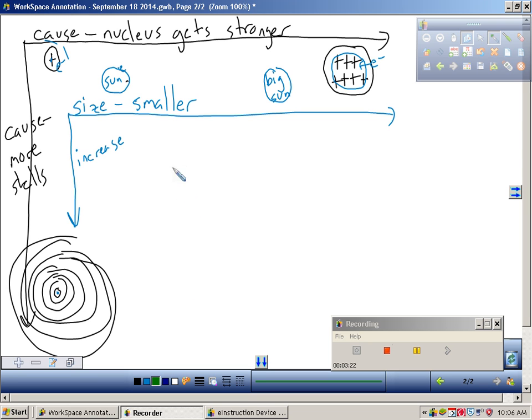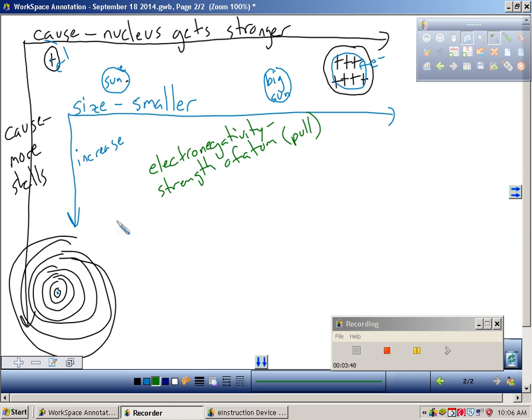Alright, and the second trend we need to know is called electronegativity. And essentially what this is, is the strength of an atom, or the pull that it has on an electron.